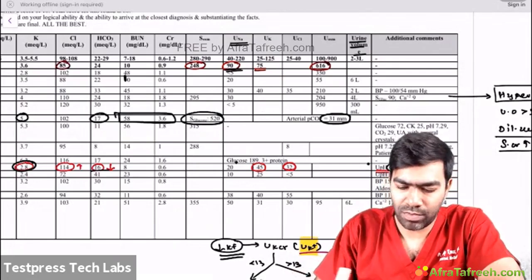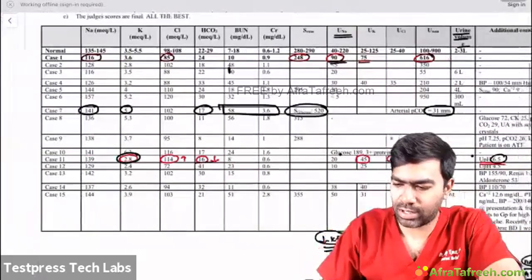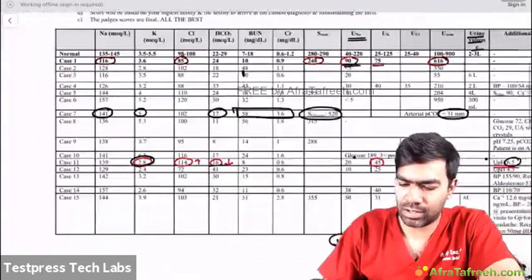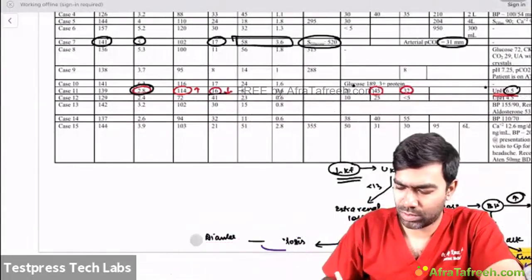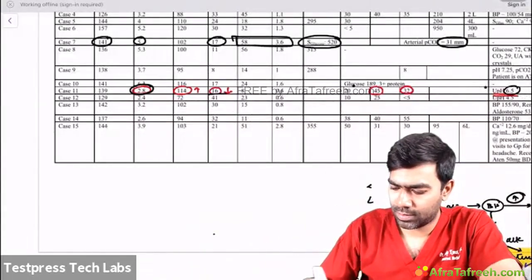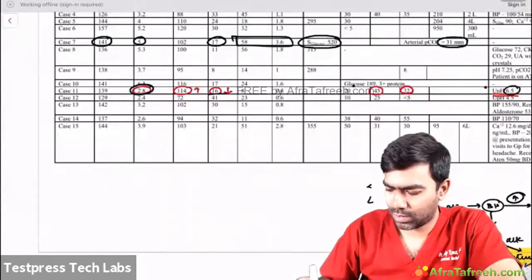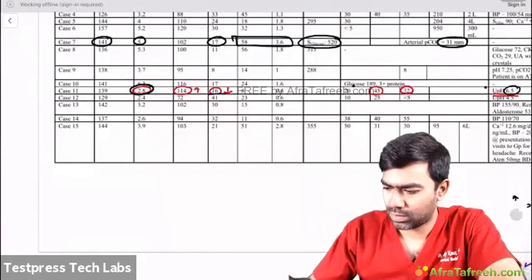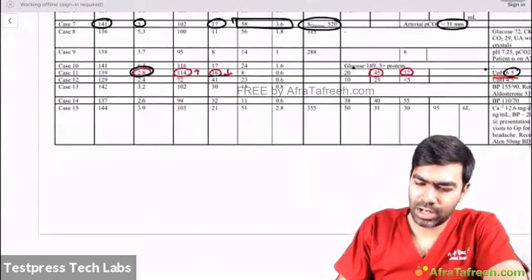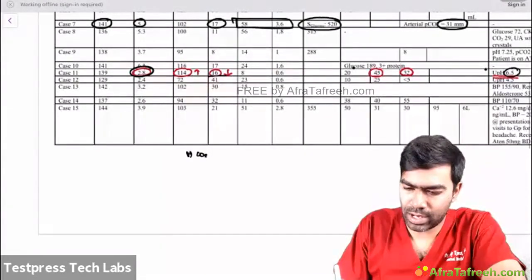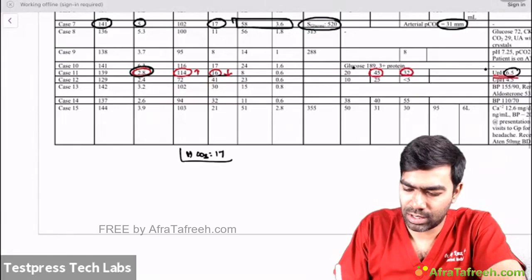So first of all, I need to write as per our understanding. This patient is definitely having an acidosis. Bicarbonate of 17 is there.